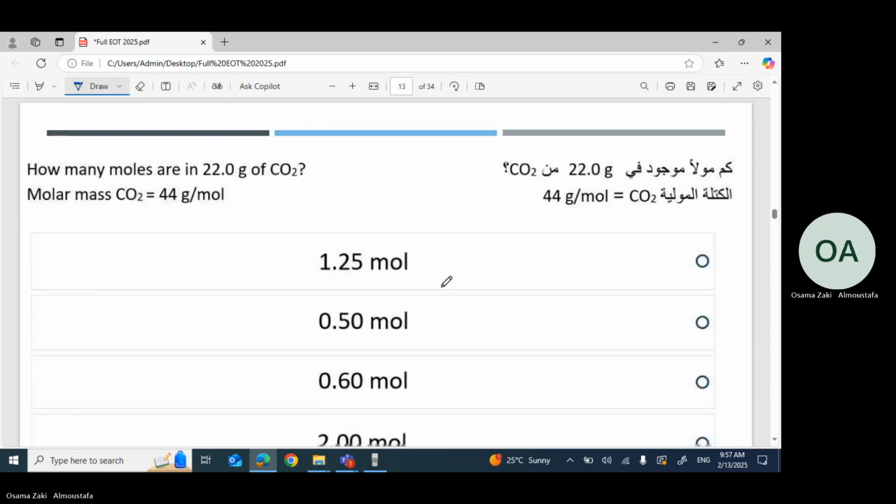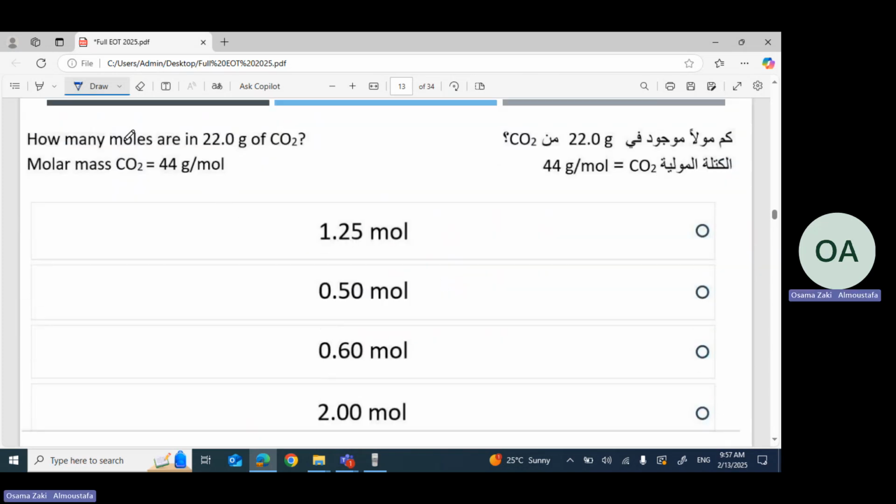Okay, here they said we have 20 grams of CO2, and they give us the molar mass. And they ask me, okay, how many moles? So how to convert from grams to moles? To convert from grams to moles, we just multiply by 1 mole over the number of grams in a mole, which is 44.